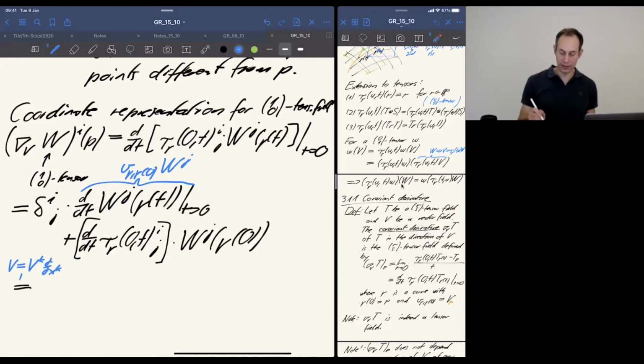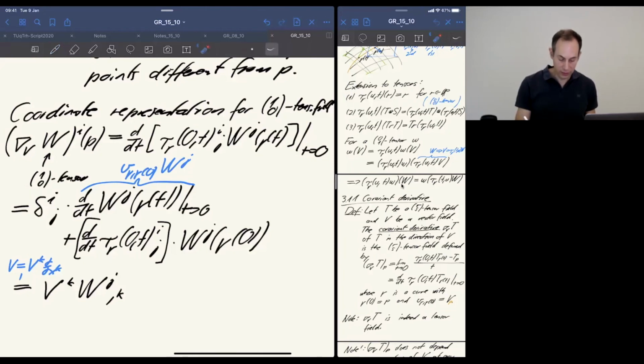That's just a decomposition I can make. Now, taking everything together, I have this v applied to the rest. So I have v^k, and then this partial derivative applied to w_j. But instead of writing the partial derivative, I can write here a comma k. I think I already introduced that notation earlier. So that's the first term.